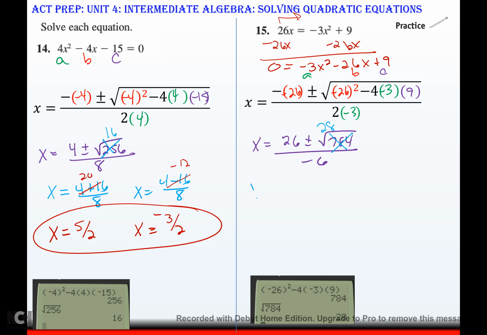So my two solutions are x equals 26 plus 28 over negative 6, and x equals 26 minus 28 over negative 6. So this would give me, simplifying these, oh, I went backwards.